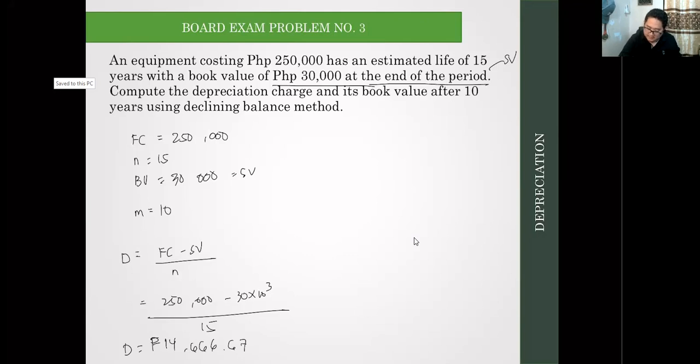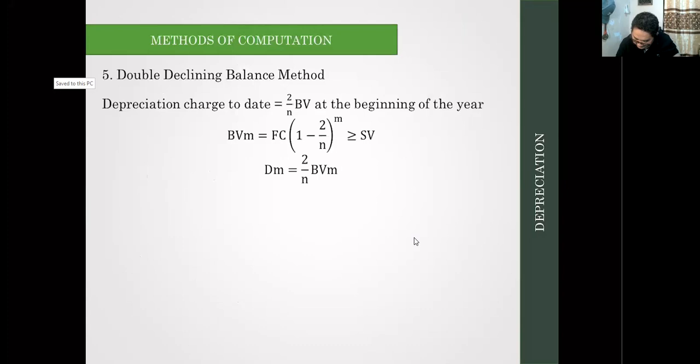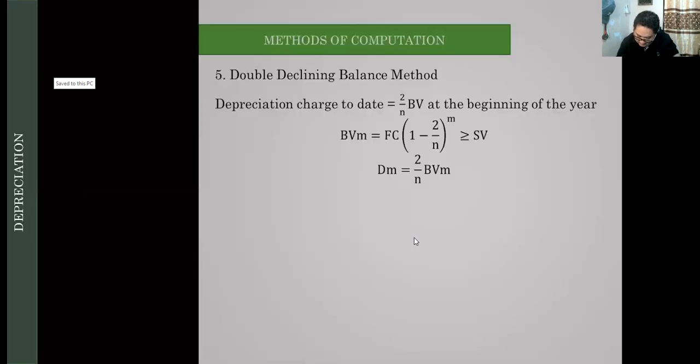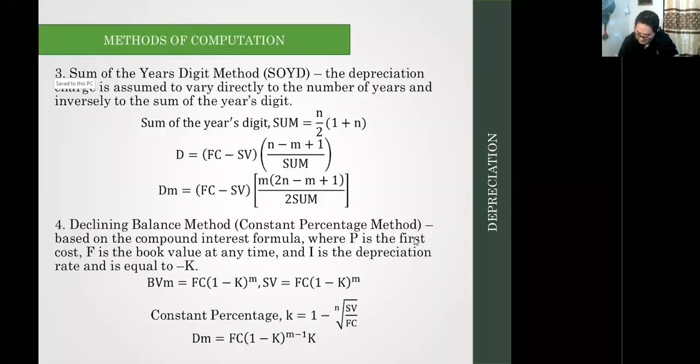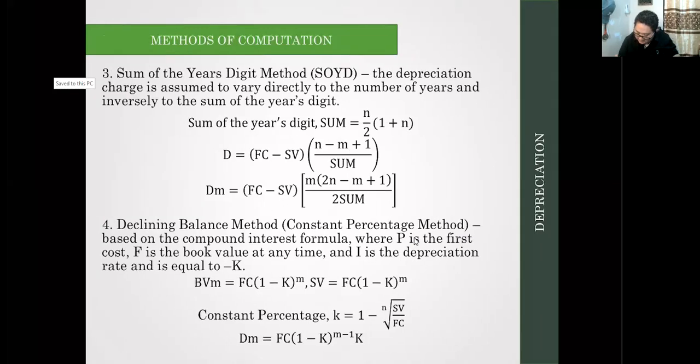And then using declining balance method, tingnan natin yung formula, declining balance. Double declining. Yan, declining balance method. So, yung BVM natin, constant percentage. Equipment costing.